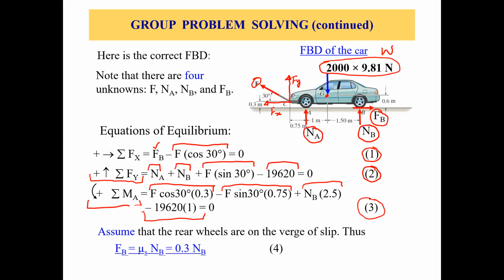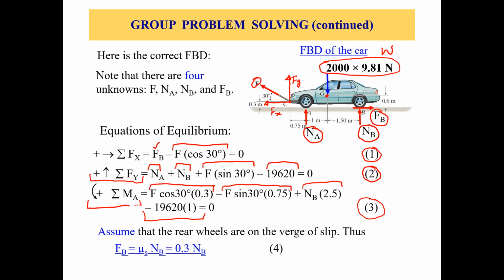Now we have 3 equations, but since we have 4 unknowns, we need 1 more equation. There's also some friction going on at point B, so we can apply the friction equation. Just assume that the rear wheels are on the verge of slip. That's the impending motion point.